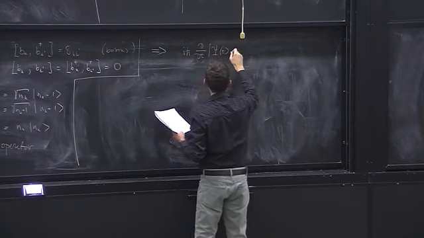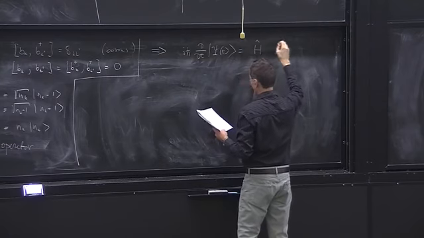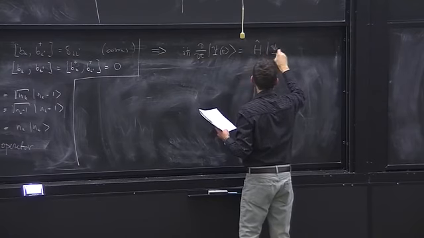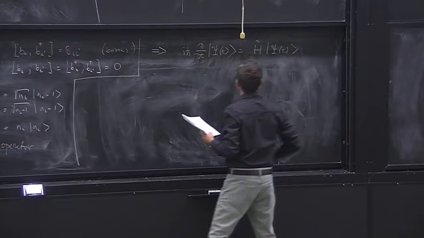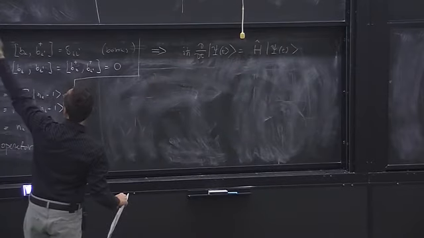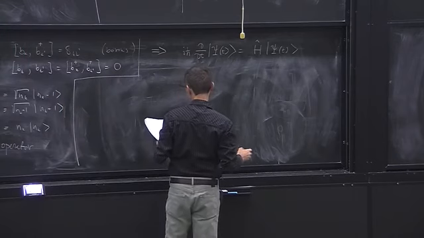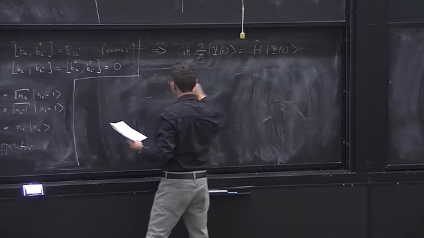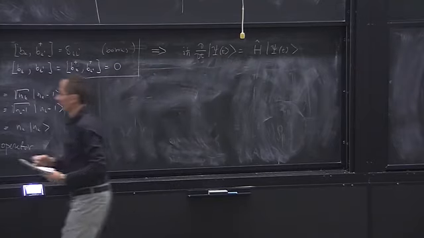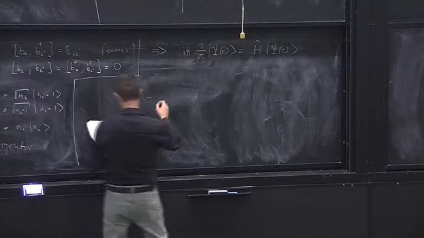But now I'm working in the abstract Hilbert space. So the Schrödinger equation looks like this as before, but now I'm working in the abstract Hilbert space. And this Hamiltonian H is now an operator acting in this basis, right? And it has the following form.